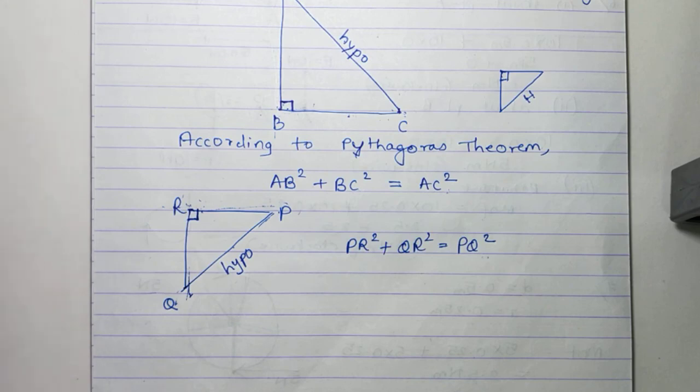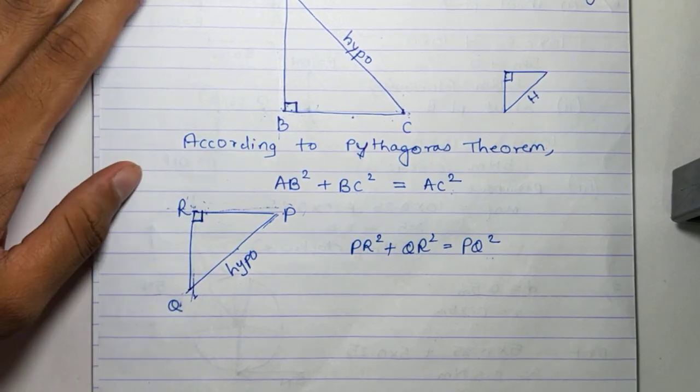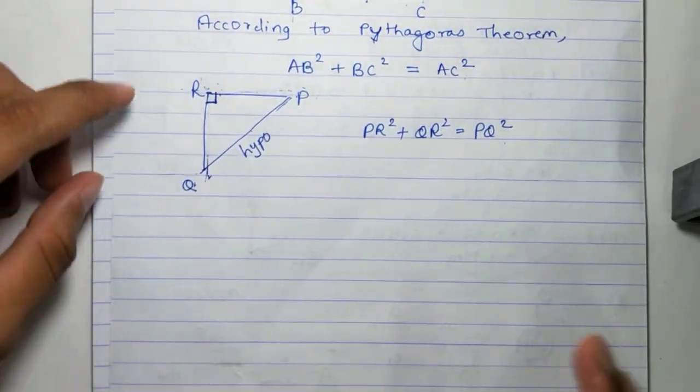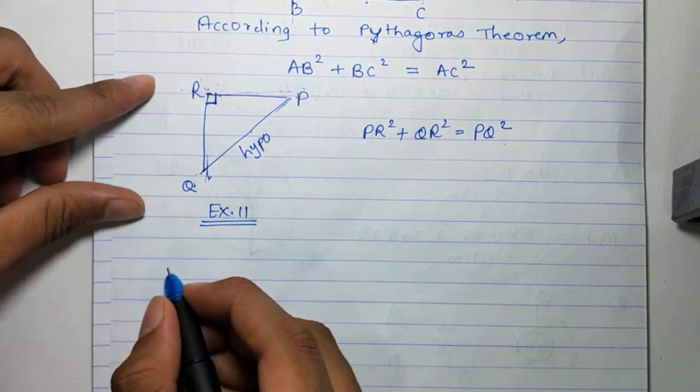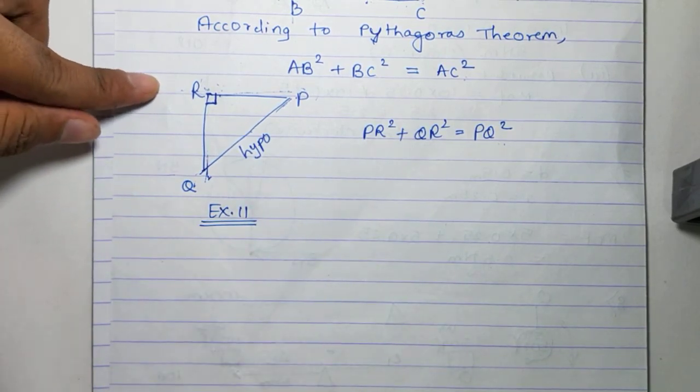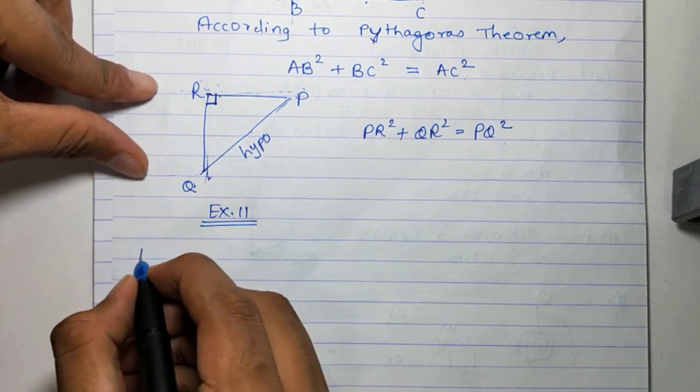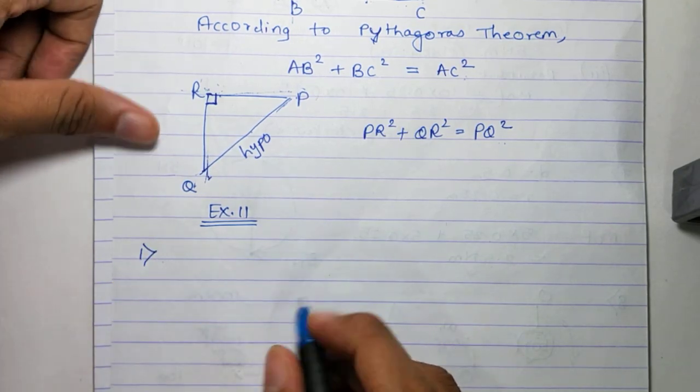So I think the Pythagoras theorem is very well understood now. Now as we do the sums, you will understand the theorem better. Let's start with exercise 11. First sum.